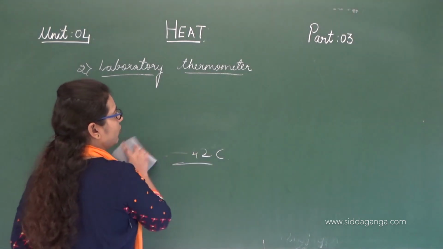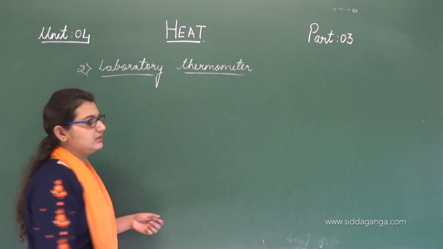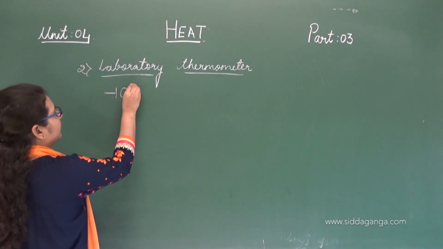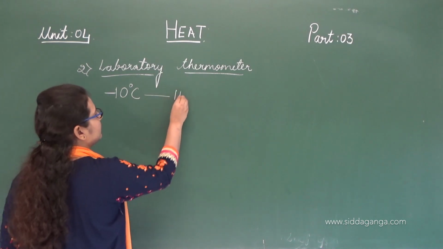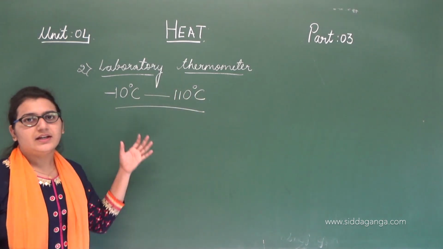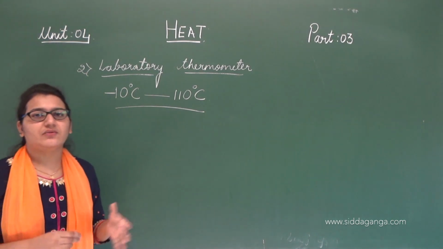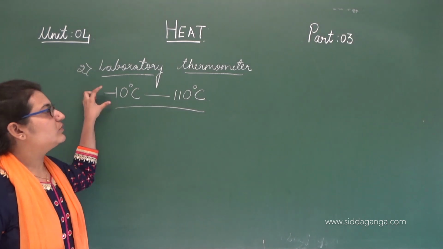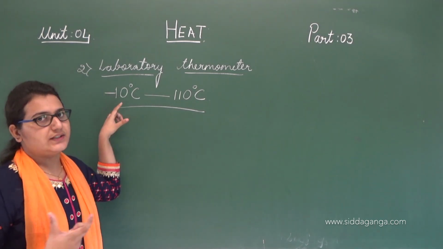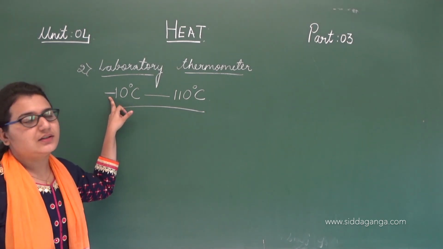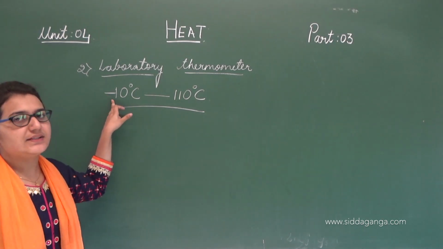So what is the range of the laboratory thermometer? It is minus 10 degrees Celsius to 110 degrees Celsius. It has a broader range than the clinical thermometer. We can even use it to measure the temperature of cold things, since the minimum of its range is minus 10 degrees Celsius.